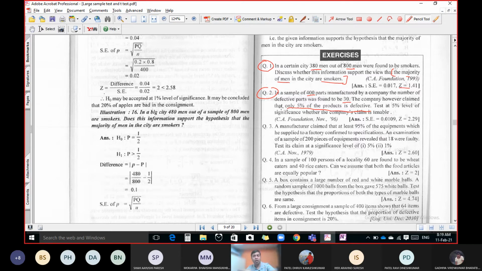Test at 5% level of significance whether the company's claim is tenable, that means acceptable or not. That is what we want to check.